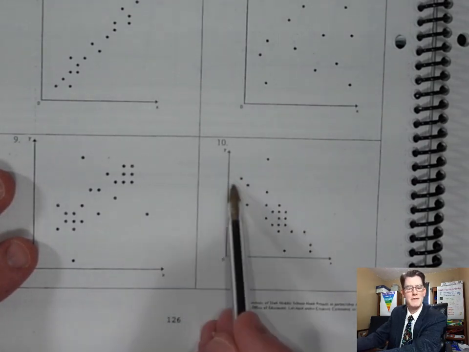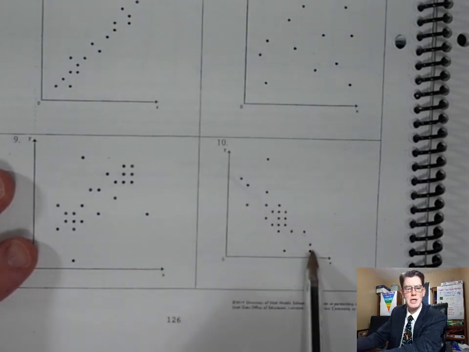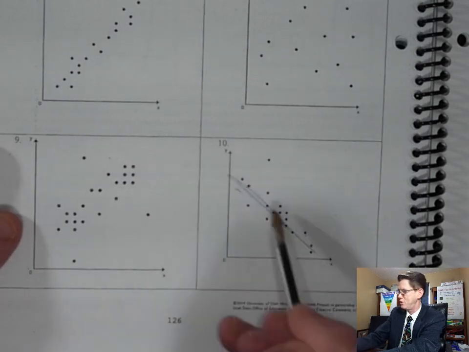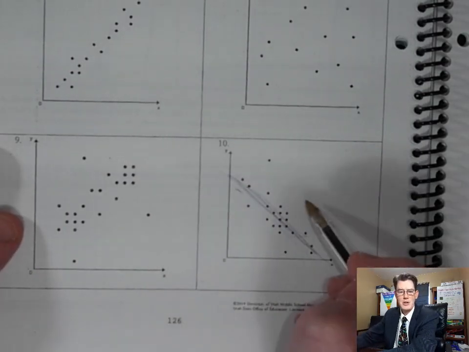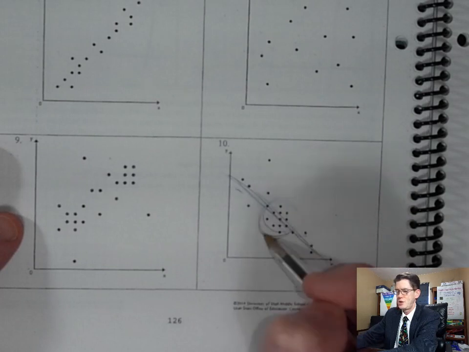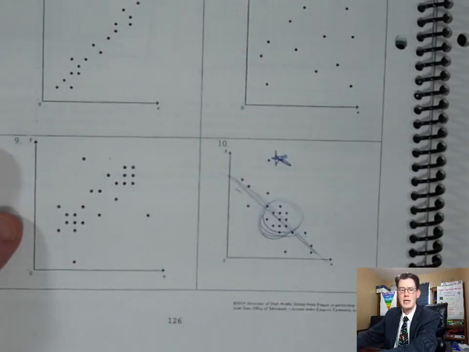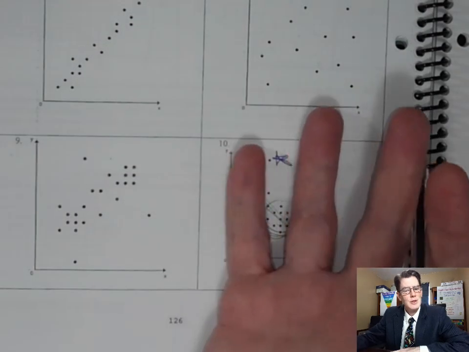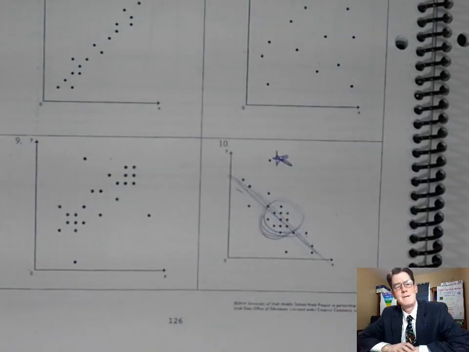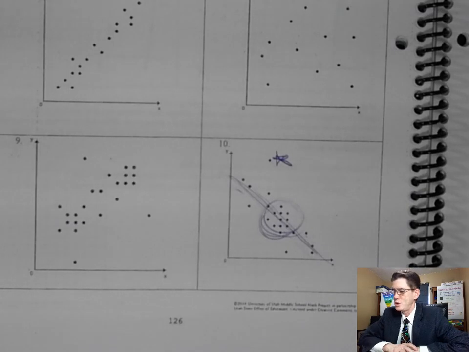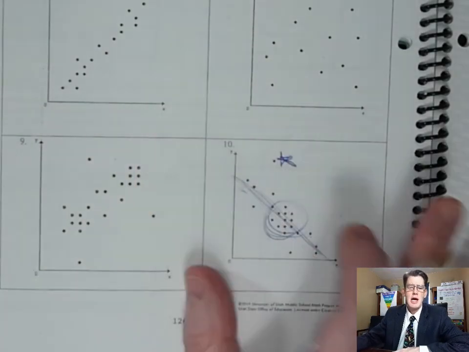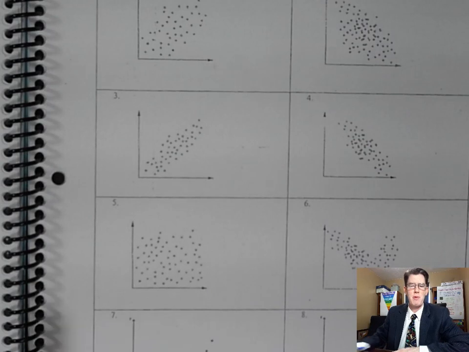There's a negative slope, a negative association. If I drew a line that was close to it, it's something like this. The instructions ask me to circle any clusters and put a star by any outliers. That's one possible way to work out the pattern of association on that one. Try those others. If you want to have some fun, try theirs on the other page as well.